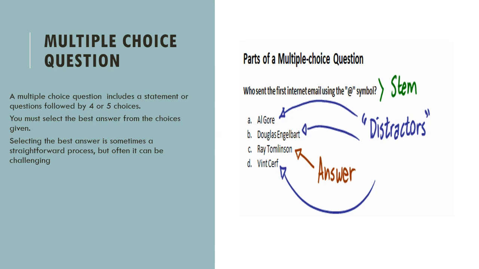That is a stem. Then we have what we call the options, A, B, C, D. Amidst your options, you will have distractors, which are not the correct answer, and then you'll have one correct answer. So we call these distractors. The reason I thought I'd share these terms with you is that when I'm talking about how to approach it, I will use the words distractors and stem.